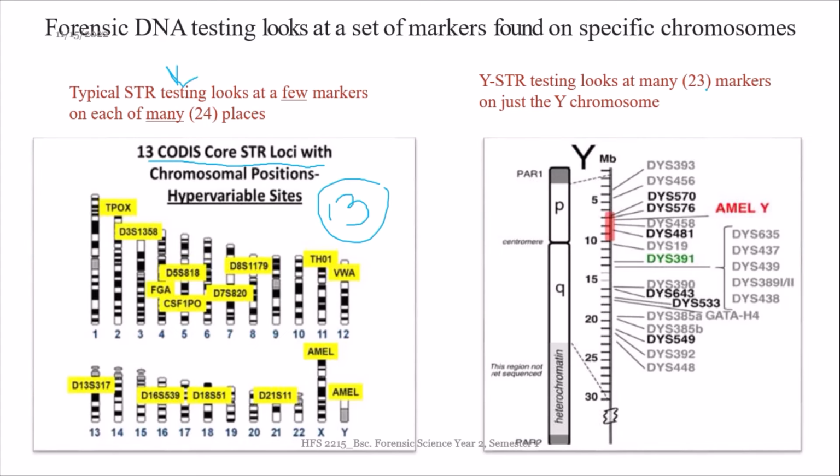We also now have 23 markers on what we call the Y chromosome, or Y short tandem repeats, and this helps us in identification of paternal lineage or male samples that have been collected from crime scenes.